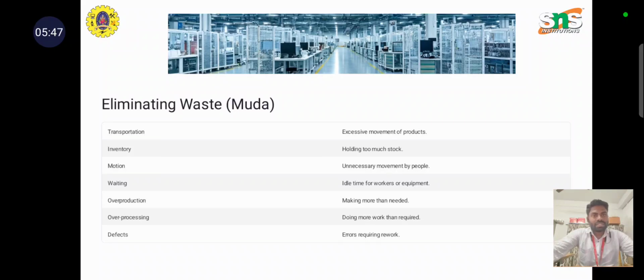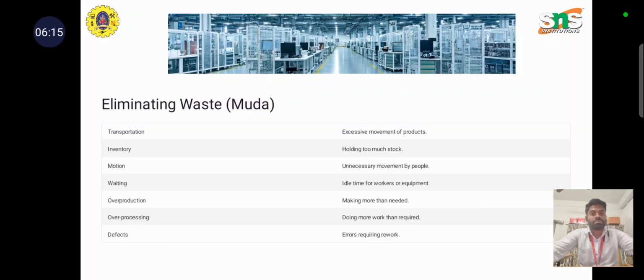The waste occurs in the following parameters: transportation, inventory, and motion. Motion means the movement of the product or people from one place to another. Then waiting of process or workers in between the process, overproduction, over processing, and product defects.